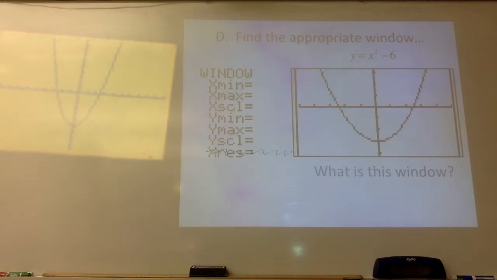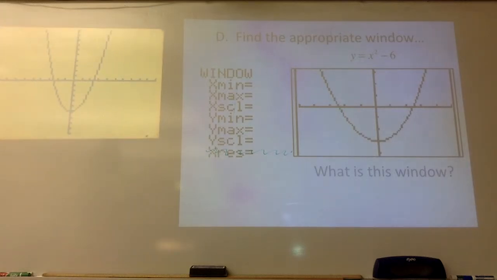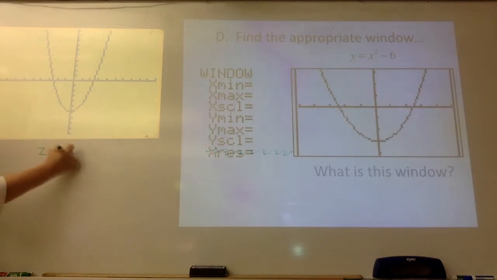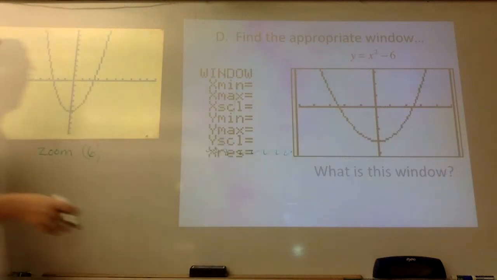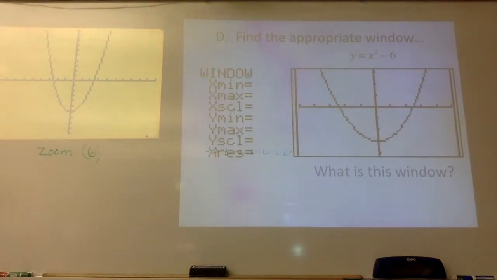There we go. x squared minus 6. So notice this is my Zoom 6 on my calculator. This is the picture I was given in the book, on the test, in a quiz, in your homework, whatever it is. And now we're going to compare them.